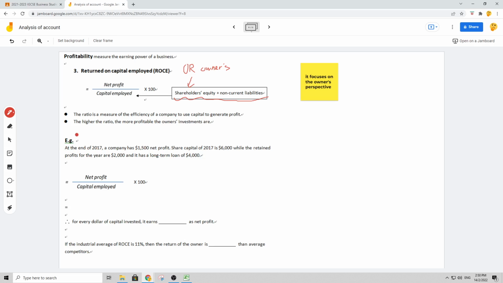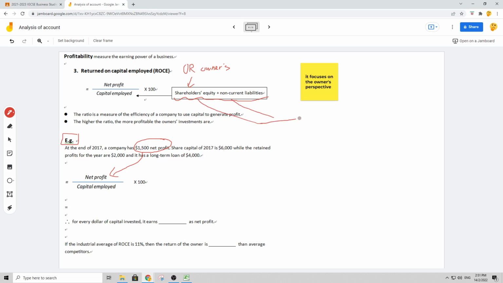If you look at this equation, and then you look at this example here: let's say at the end of 2017, the company has 1,500 net profit. So you can directly apply this number into the numerator. Simple. But when you're looking at capital employed, you always look at these two items.